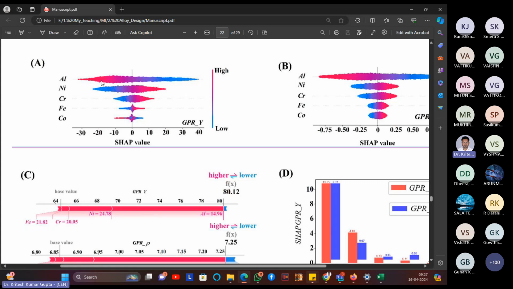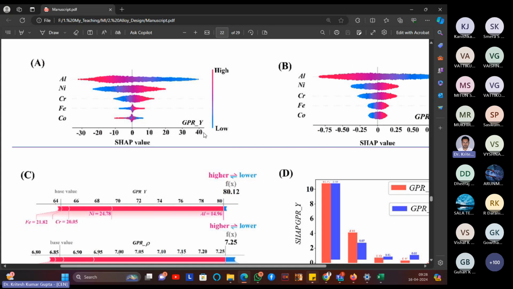The red portion corresponds to high values of aluminum concentration, and the blue portion corresponds to lower values of aluminum concentration. If we just look at this, what we can interpret here is the lower value of aluminum concentration.